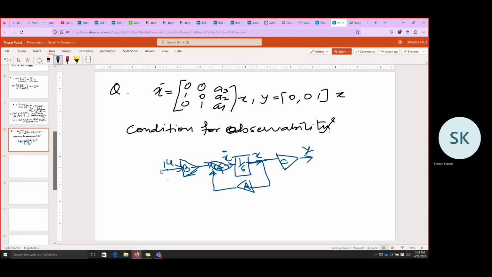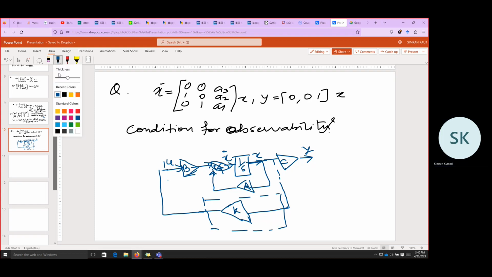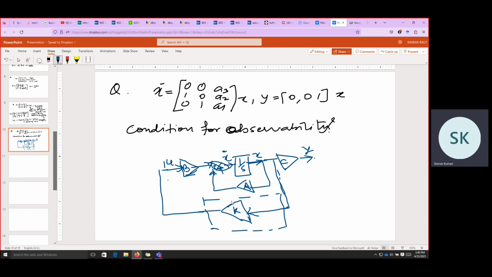Suppose this is the controller. This is simply a state feedback, so there is again K, which is multiplied with this x, and this is the output. So this is the controller. We have output, but what we have from the sensor is the output, not the state.